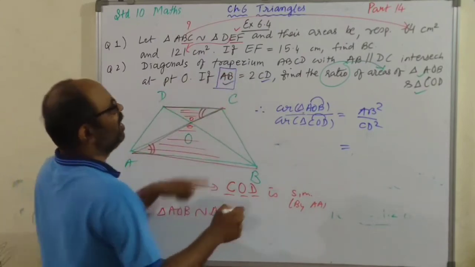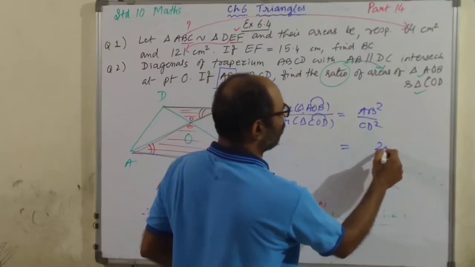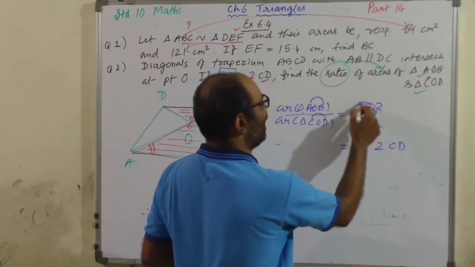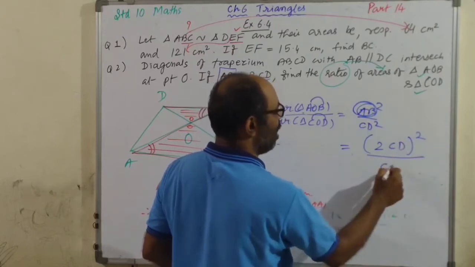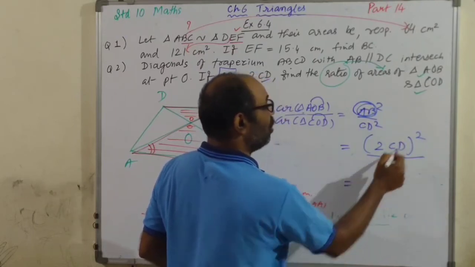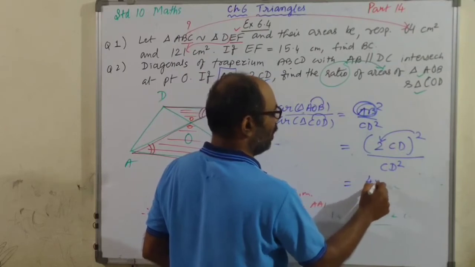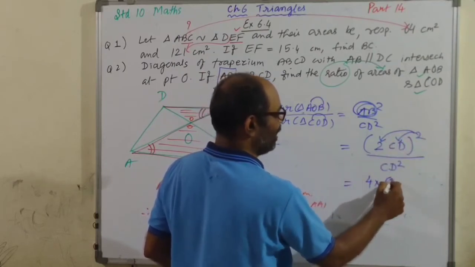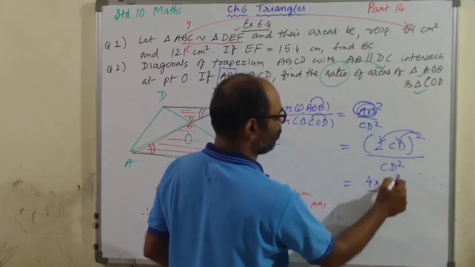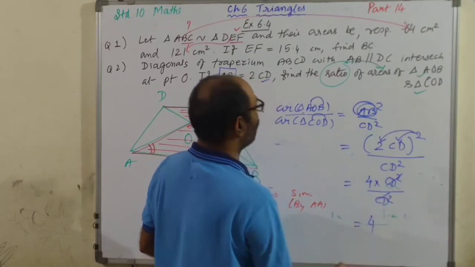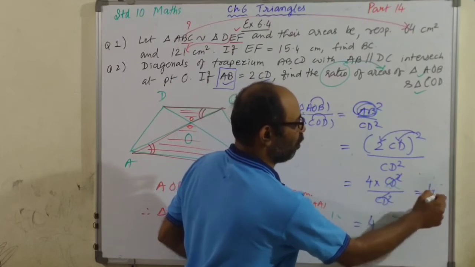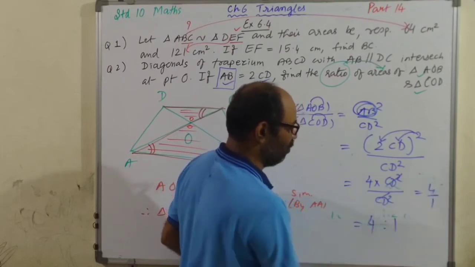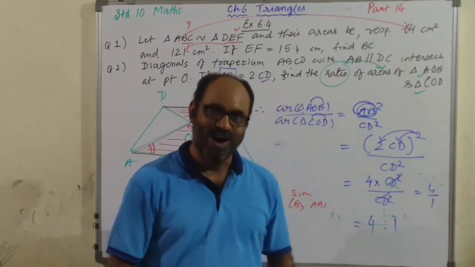What is AB? 2 times CD. So 2 times CD, और square तो है, so whole square upon CD square. So square of 2, 4 into CD square upon CD square. CD square gone. So यहाँ ratio चाहिए. So 4, that is 4 upon 1, and in ratio form you may write 4:1.